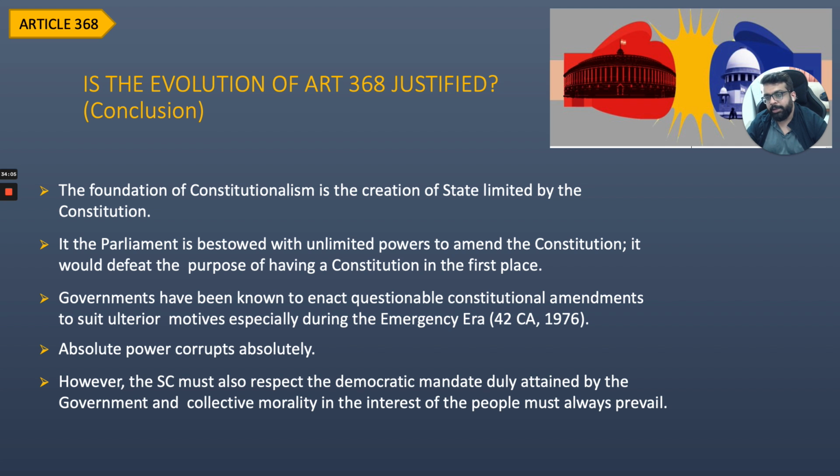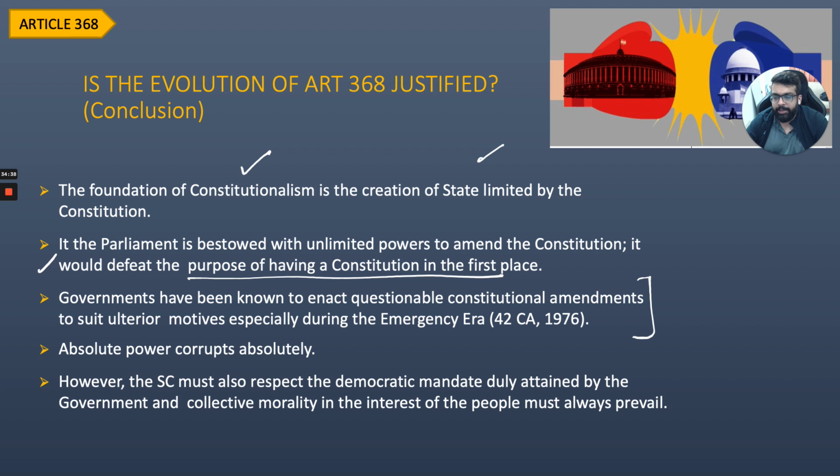And this becomes your final conclusion. Yes, because constitutionalism means limiting the powers of the state. So if you give parliament uncontrollable powers, then it becomes a non-constitutionalist parliament. And that's not what we set out to be. So it would defeat the purpose of having a constitution in the first place. And then we've got the history to back us up, which basically means the government has been known to enact certain constitutional amendments which have no doubt been very questionable throughout legal history.